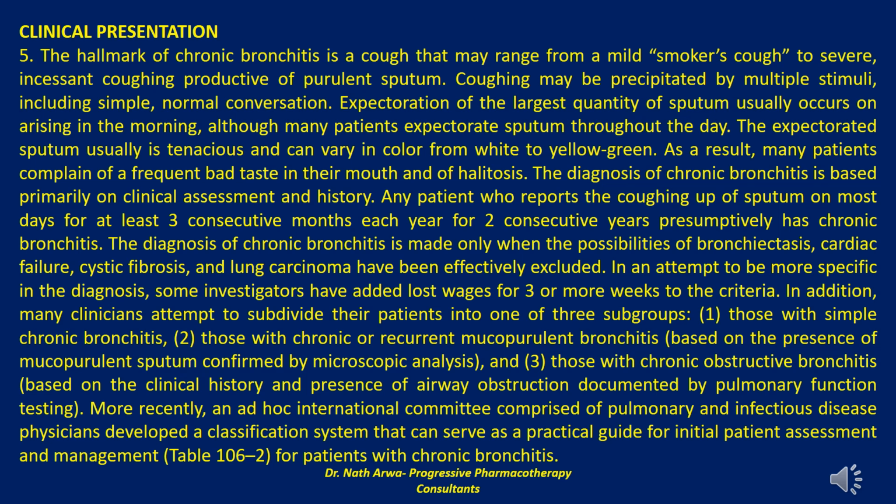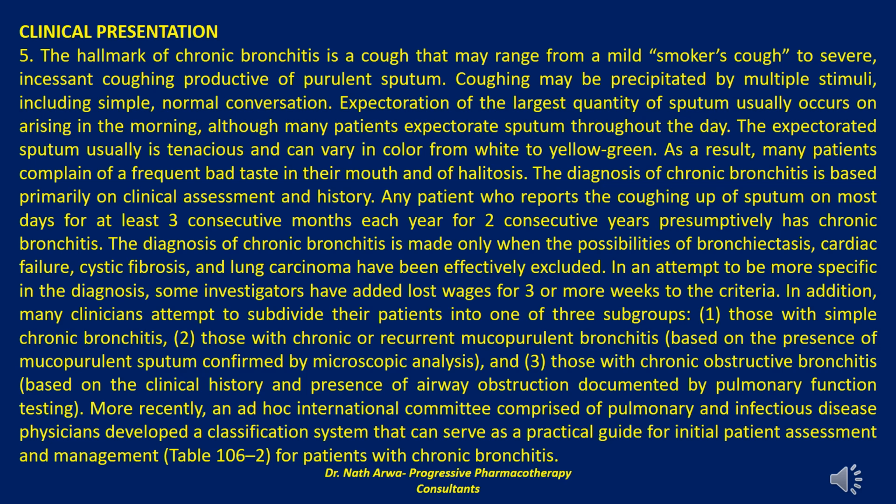The expectorated sputum usually is tenacious and can vary in color from white to yellow-green. As a result, many patients complain of a frequent bad taste in their mouth and of halitosis. The diagnosis of chronic bronchitis is based primarily on clinical assessment and history.